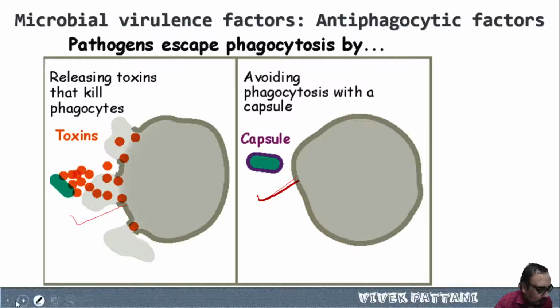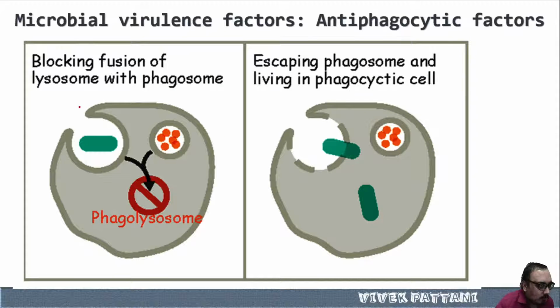Now moving further, the next one is by blocking the fusion of the lysosome with the phagosome. So they are going to basically block the fusion of lysosome with the phagosome.